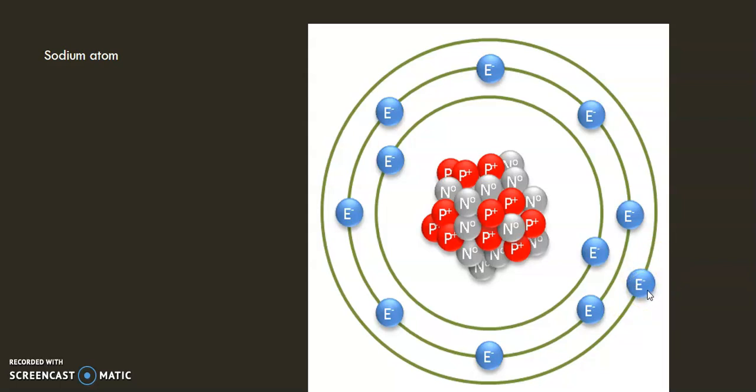Sodium will react with other atoms in order to gain chemical stability. We're going to talk in the next video about the chemical bonds that allow sodium to become chemically stable, meet the octet rule, and maintain 8 electrons in its outermost electron shell.